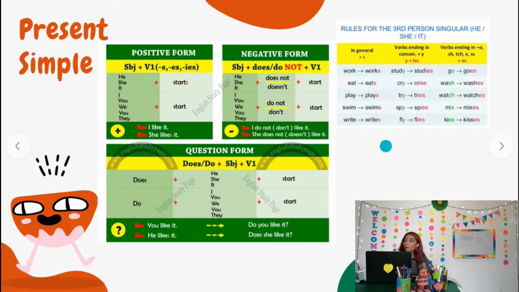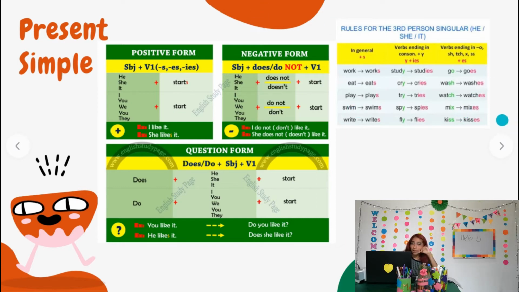But what about verbs ending in consonant plus y, like study, cry, try, spy, fly? Remember, we have a consonant and then y. You take away the y and you add ies: studies, cries, tries, spies, and flies. You are going to write it differently.